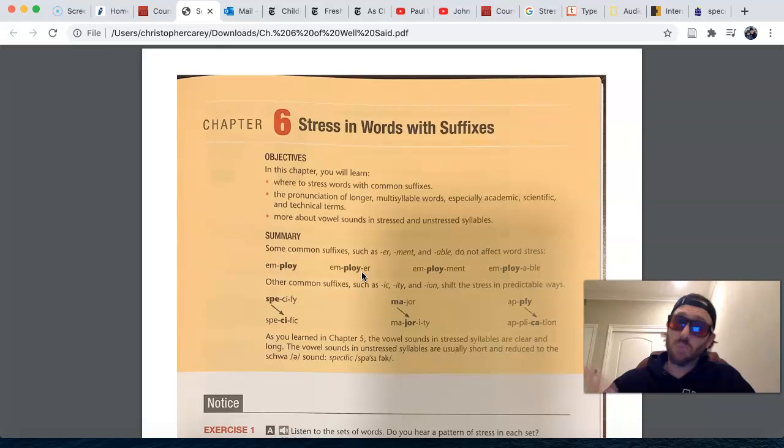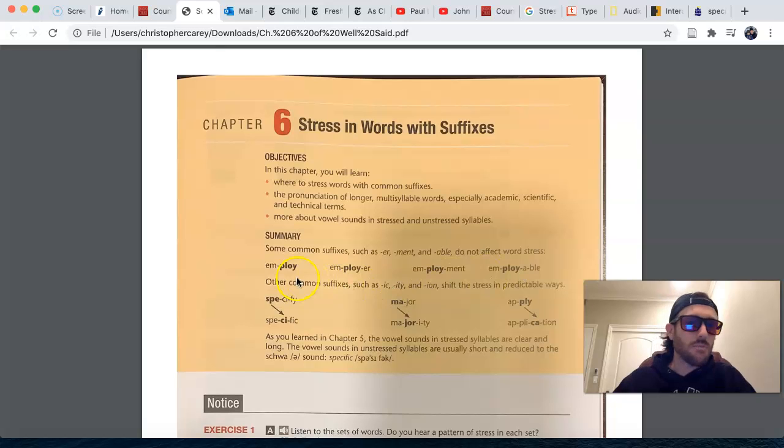Employer is a person, right? Your boss or manager, business, company. Employment is a noun, but it's more referring to your job or your career. Employable is an adjective describing someone as easy to hire or to offer a job.